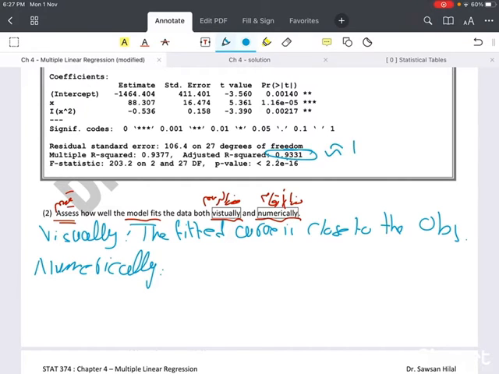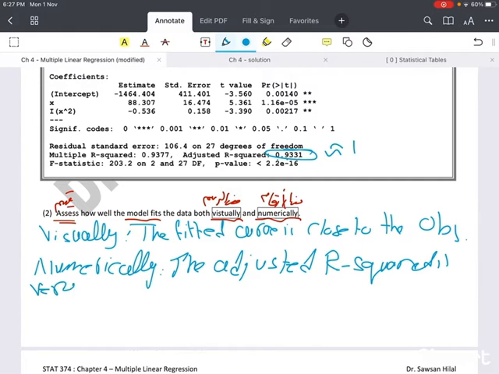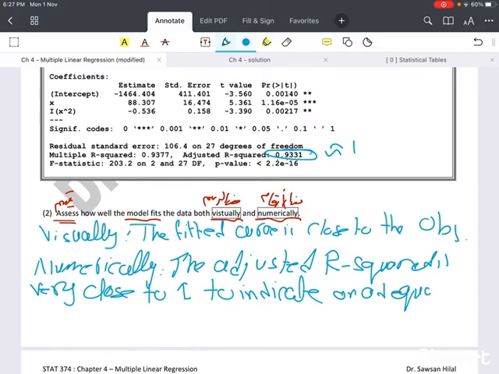So you will write the adjusted R square is very close to 1 to indicate an adequate model.